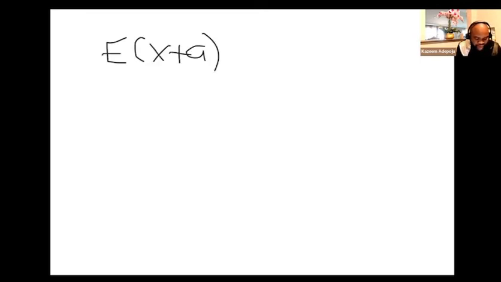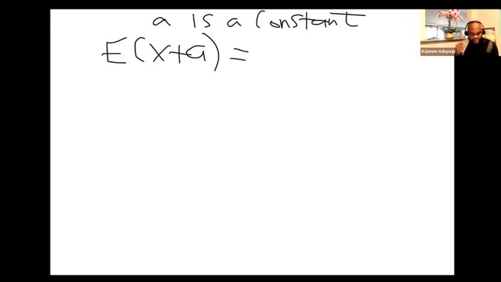What about a situation where we are adding a constant to a variable? Here a is a constant, and I want to show that the expectation of the addition of a variable and a constant is basically going to give us the expected value of X, plus a.